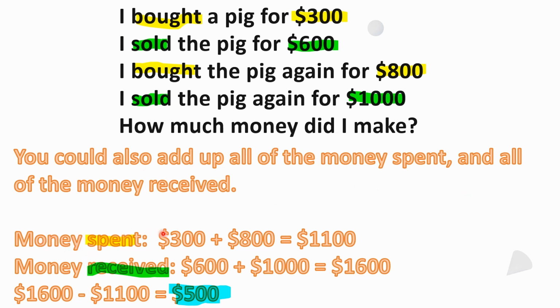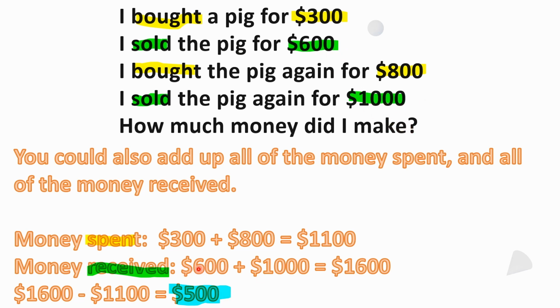I could add up my money spent, which was $300 plus $800 because I bought the pig again right here. So 300 and 800 is $1,100. Now, the money I received would be whenever I sold the pig, which I sold once for 600 and once for 1,000.